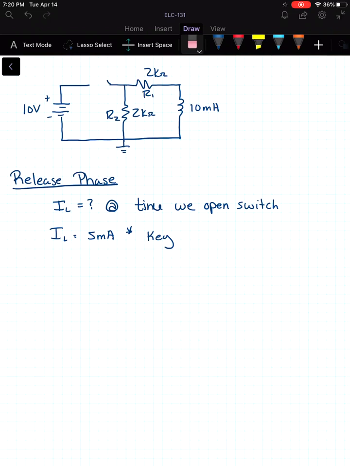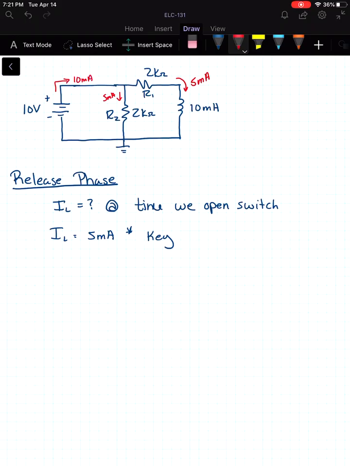Okay, so keep in mind this is what's been going on in the circuit. I've allowed enough time to have 5 milliamps here. What else is happening? I've got 5 milliamps here, and I have the 10 milliamps here.